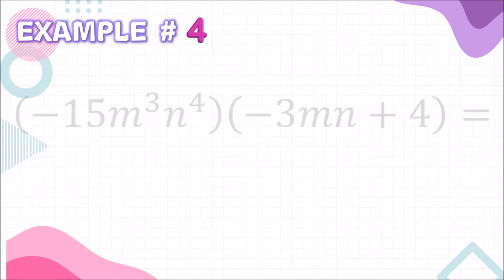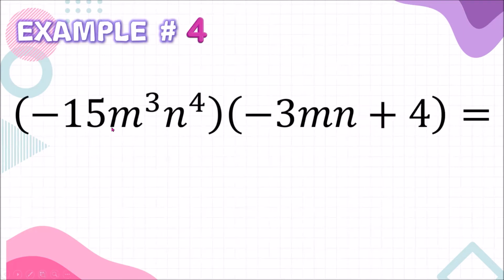Example number 4. Negative 15m cubed n to the fourth times the quantity negative 3mn plus 4. So we distribute here negative 15m cubed n to the fourth in negative 3mn and positive 4.